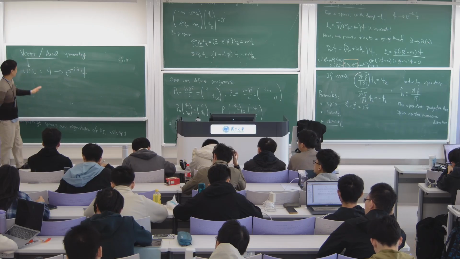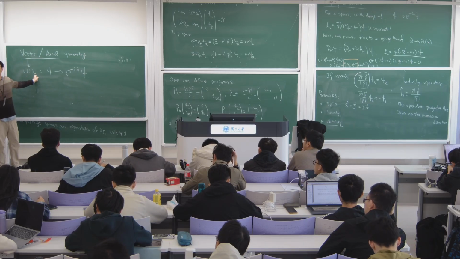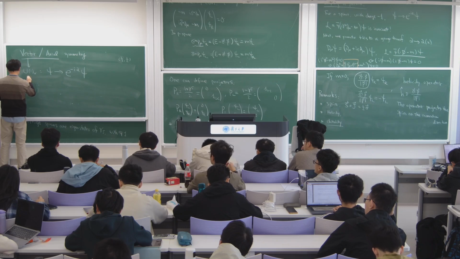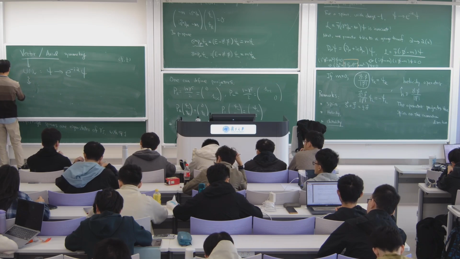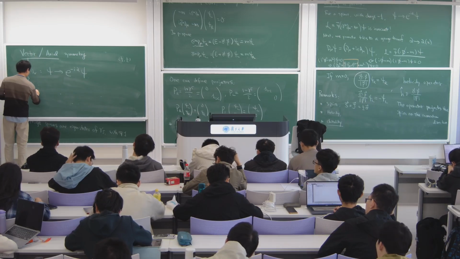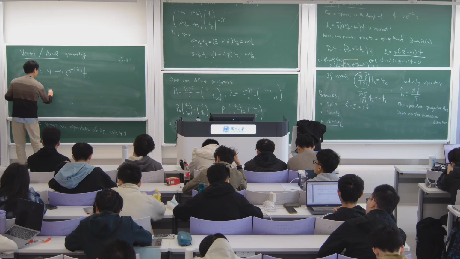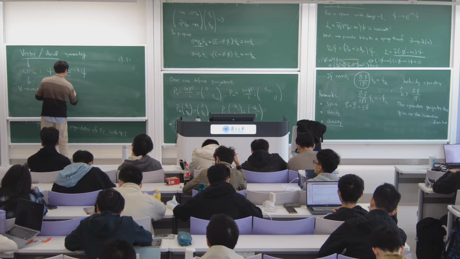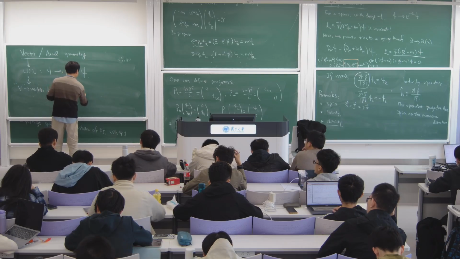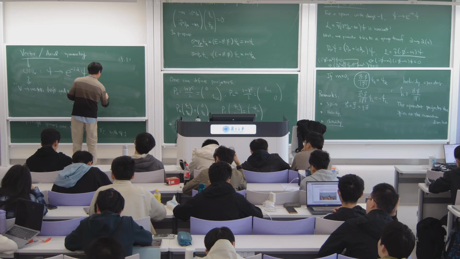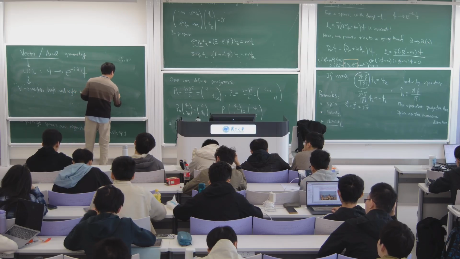In this case, we call this symmetry a vector symmetry. It's important, so let me write it: V means vector. Vector means the left and the right components transform in the same way.